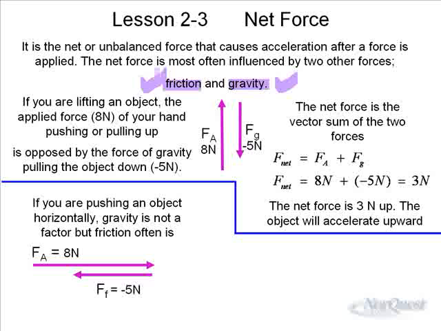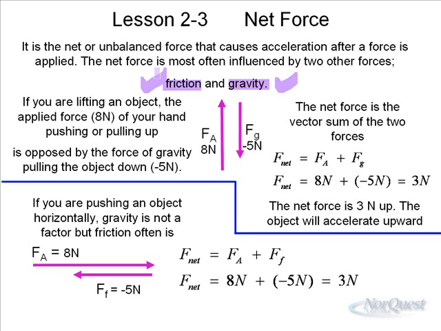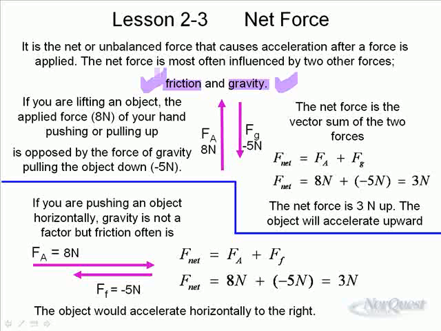When you add these two as vectors, the 8 newtons to the right plus the 5 newtons to the left, you end up with a net force. F net is the sum of all forces. The applied force plus frictional force gives you a net force of 3 newtons, and the object would have a net force to the right, and therefore an acceleration to the right.